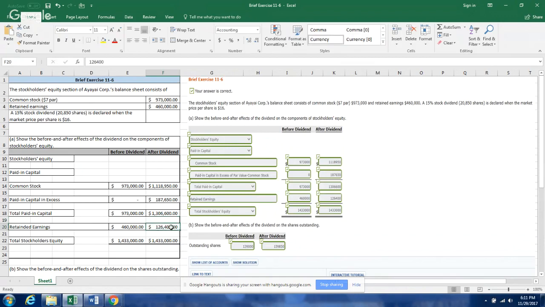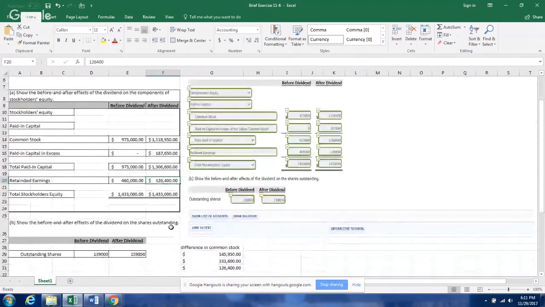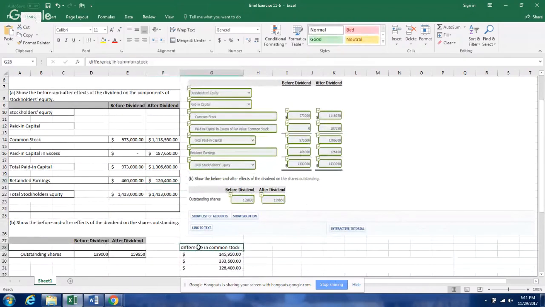Now you have to figure out your retained earnings. So this was a little bit of a challenge, but I came up with the difference down here. First, you have to take the difference between your before dividend and your after dividend. So I subtracted these two numbers and came up with $145,950 as our difference.